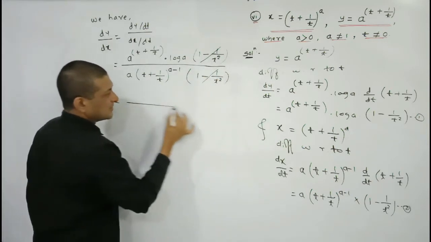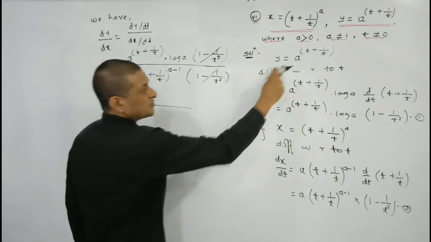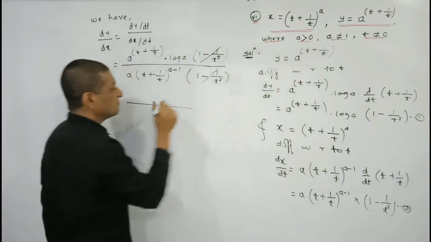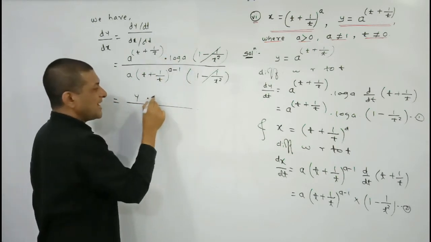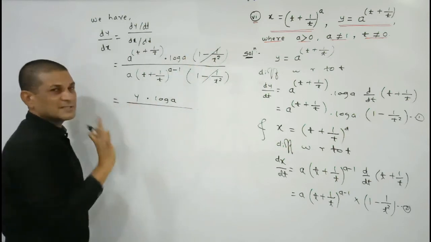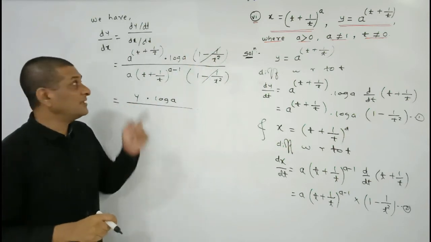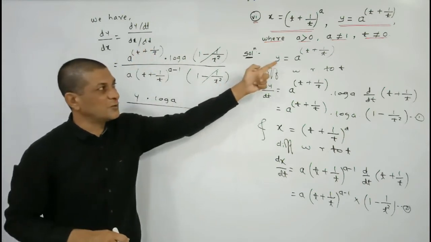In the numerator, observe a raised to power t plus 1 by t, which can simply be replaced by y, isn't it? Keep this log a as it is. Already this term is cancelled, so these are the two remaining terms, but the first term we are able to denote by what?